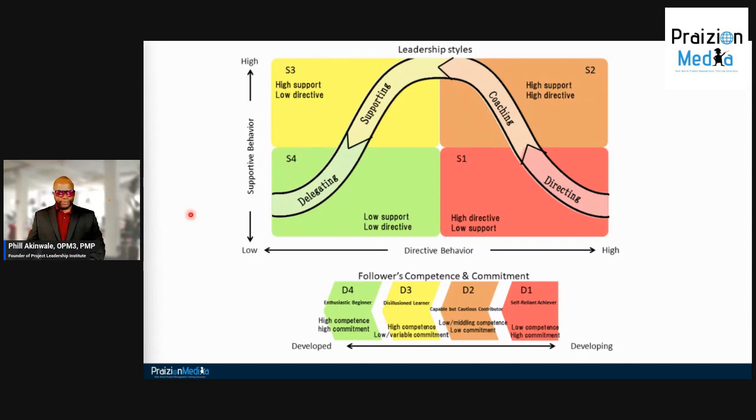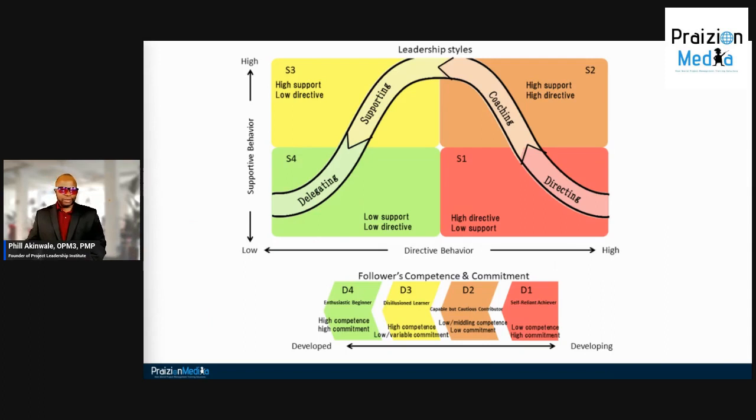Let's go to S4. S4 is called the delegating quadrant. So a delegating leadership style is another follower-driven leadership approach that is characterized by low amounts of both task and relationship behavior. The follower can perform the task at a sustained and acceptable level and is both confident and motivated to do so.